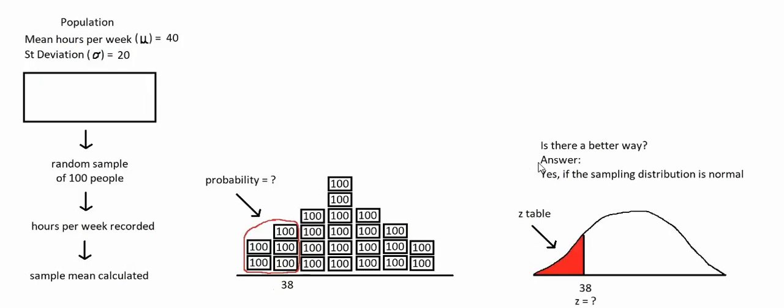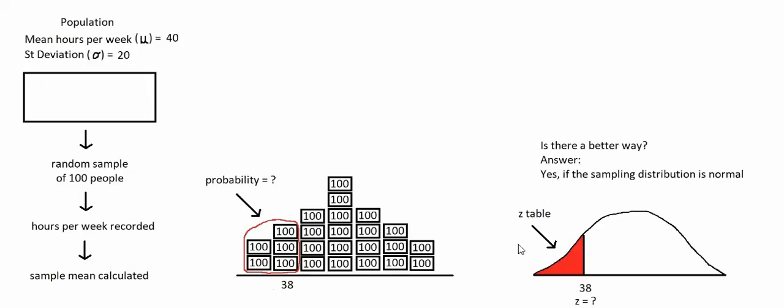So is there a better way to solve this problem? Well, there actually is a better method that can be used if the sampling distribution is normal. If the sampling distribution is normal in this situation, in other words, if it's bell-shaped, what you can do is take the sample mean of 38, which you're interested in, turn it into a z-score, and then go to the z-table to look up the probability of that sample mean coming out to 38 or less in this red area.